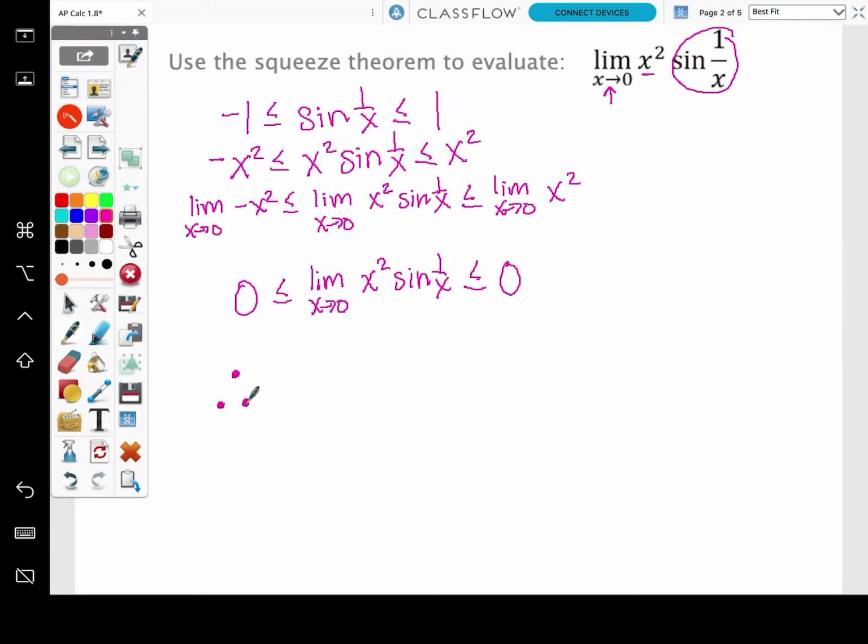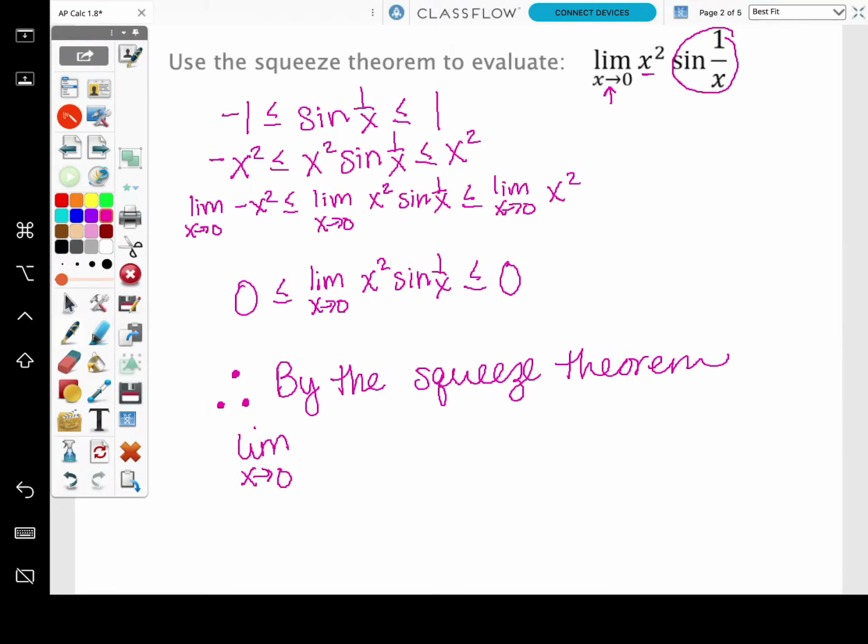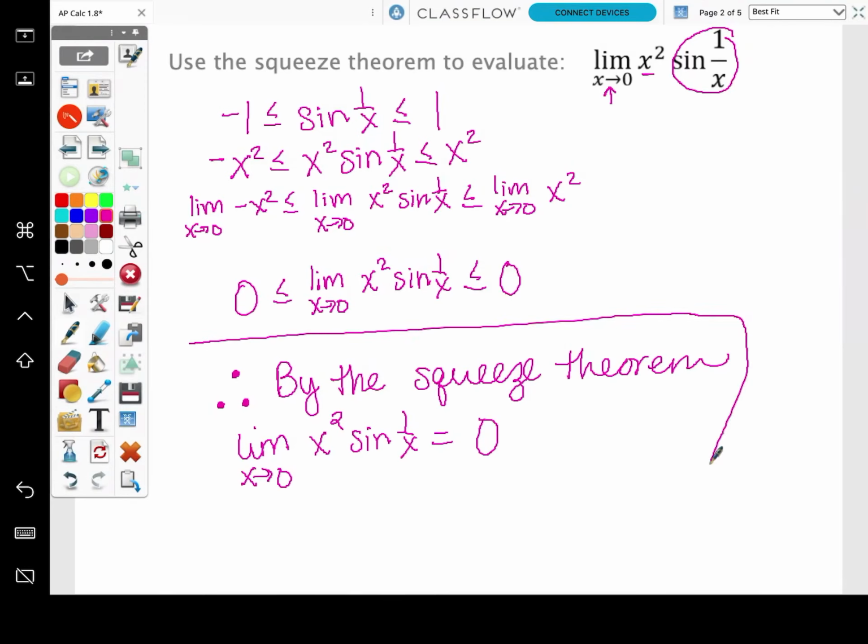therefore. Has anybody ever told you those 3 dots in that pattern means therefore? Well, it does. So therefore, we say, by the squeeze theorem, the limit as x approaches 0 of x squared sine 1 over x is equal to 0. Okay, this is what we wanted, and all of the rest of that was the work in getting there.